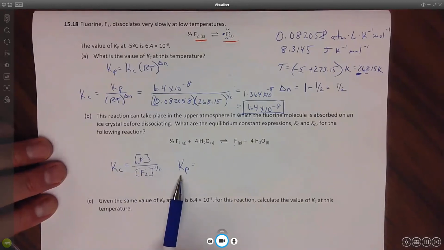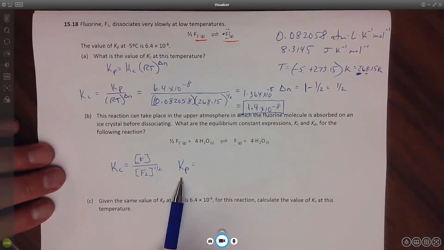Now, what's the variable for an atmosphere? Atmosphere is the unit. What's the variable for atmosphere? Is it 760? No, those are conversions between, let's say, atmospheres and torr or atmospheres and millimeters of mercury. I want to know what is the variable. The variable is a letter or a symbol that represents that value.